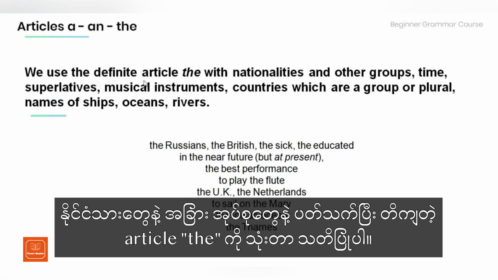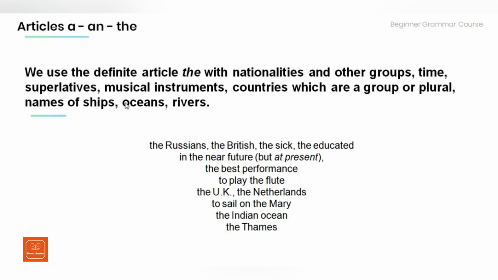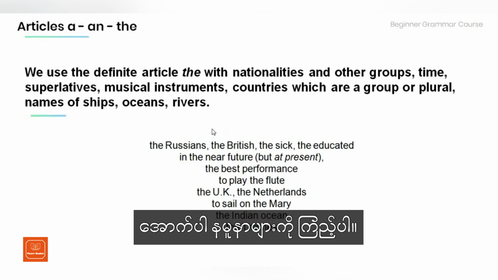Note that we use the definite article the with nationalities and other groups, time, superlatives, musical instruments, countries which are a group or plural, names of ships, oceans, and rivers. Have a look at the examples below.